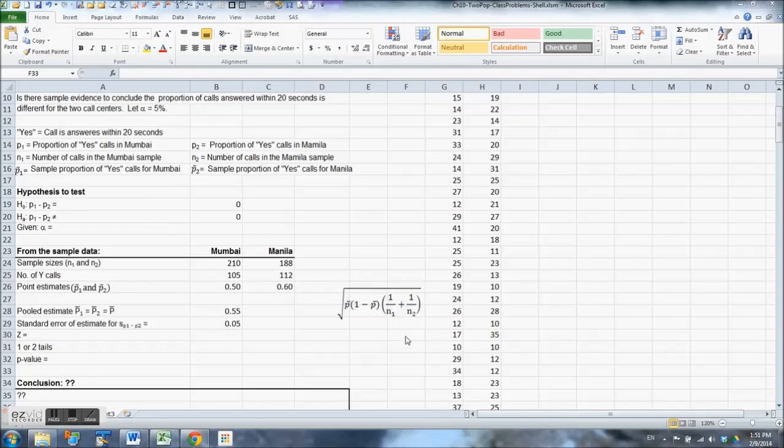And here is that formula. This is the formula we used right here.